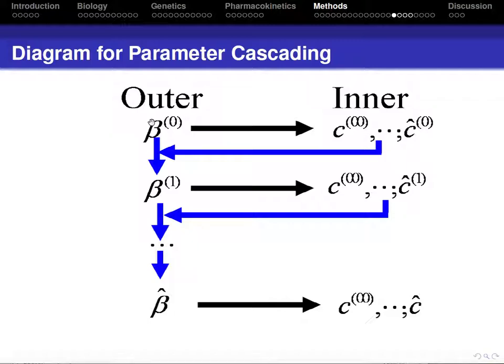Conditional on this starting value beta 0, we go to the inner optimization and estimate the spline coefficients until convergence. After we get the spline coefficients, we can find the gradient information for the outer optimization level and move to the next step. We can do this until convergence. I will show you how we can find the gradient information later on.